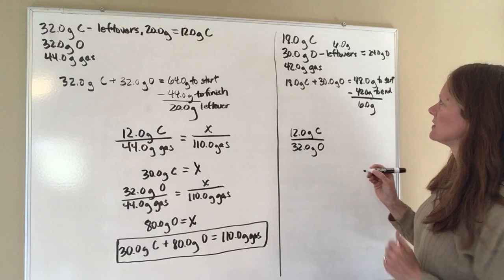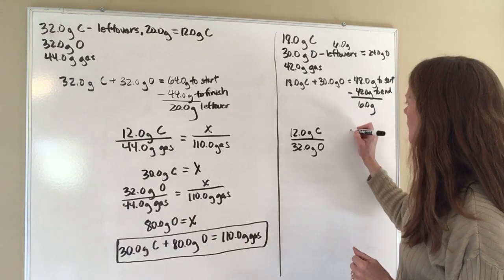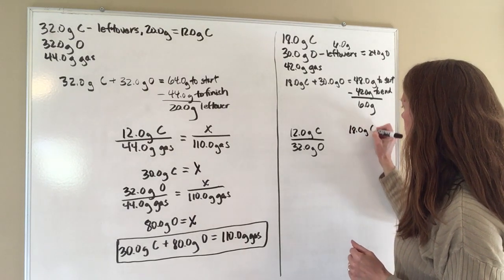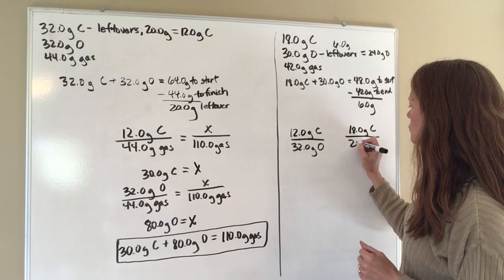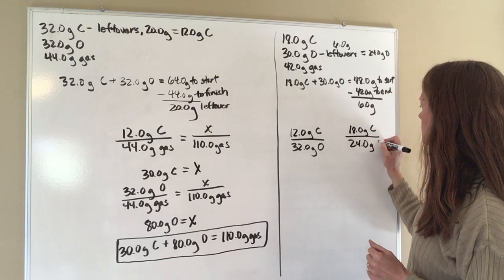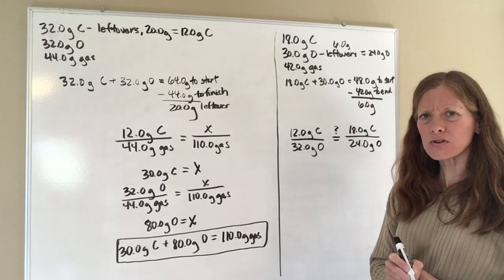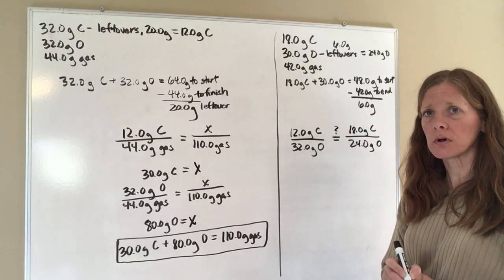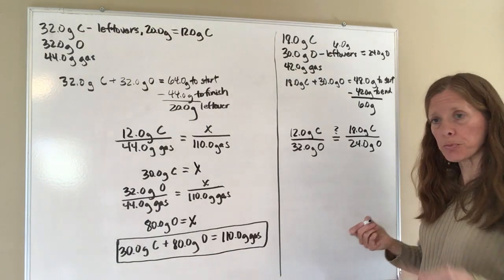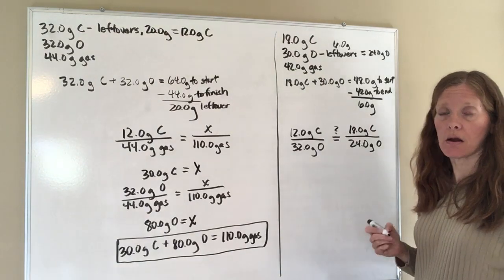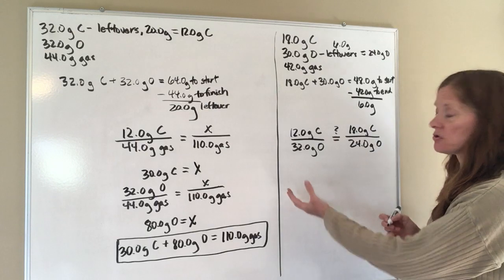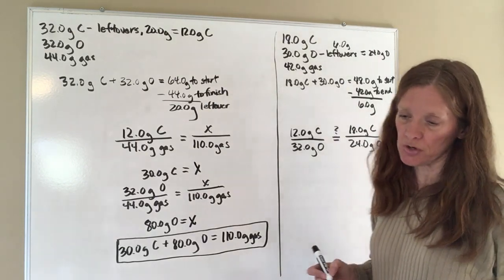In the second example, I used 18 grams of carbon to 24 grams of oxygen. And so what I want to know is, are those proportions equal to each other or are they not? If the proportions are the same, then I'll know that it's the same gas. If the proportions are not the same, then she's made 2 different gases.